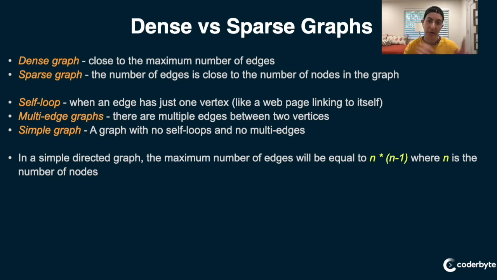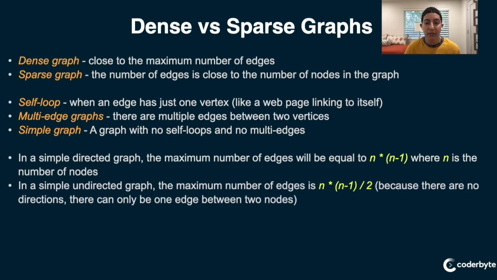Going from point A to point B and then point B to point A. So the maximum number of edges will be equal to n minus 1, right? N minus 1 is the minimum number of edges that you have to have all the nodes connected, times n, right? Because every node might be connected to every other node.